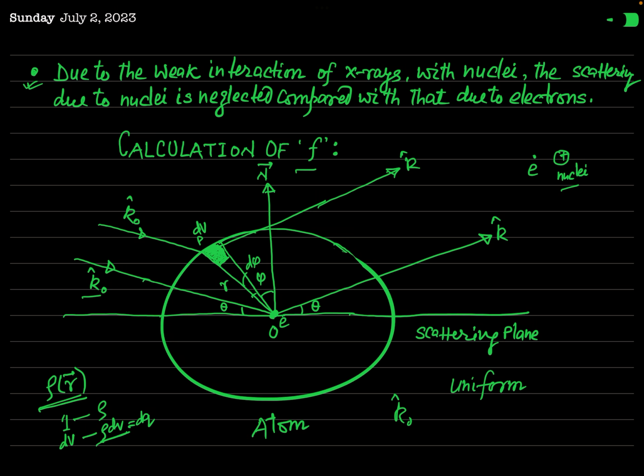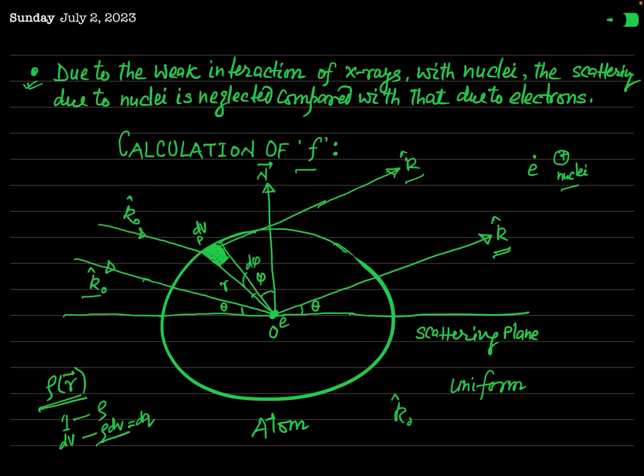These beams get scattered, and κ, I have considered the unit vector in the direction of the scattered beam of X-ray. So you can say that κ₀ represents the direction of incidence, and κ denotes the direction of scattering.